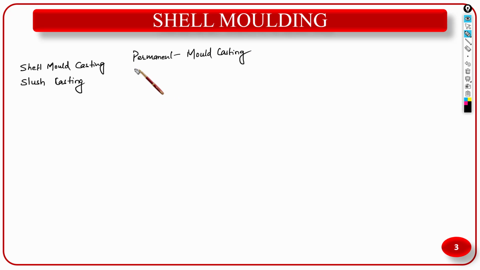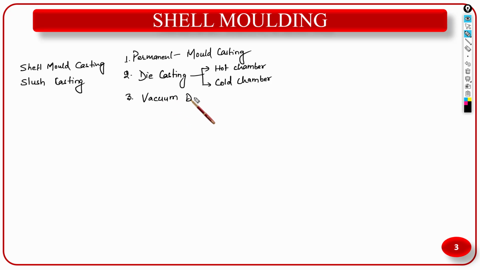So here, permanent mold is one. The second one is die casting. This die casting is of two types: hot chamber die casting and cold chamber die casting. The third one is vacuum, which is pressure die casting, so there will be vacuum die casting.